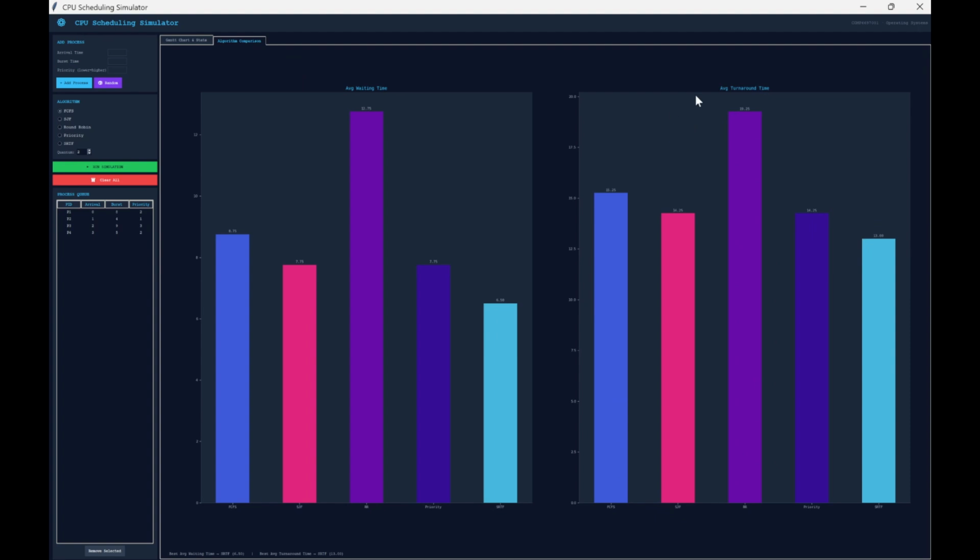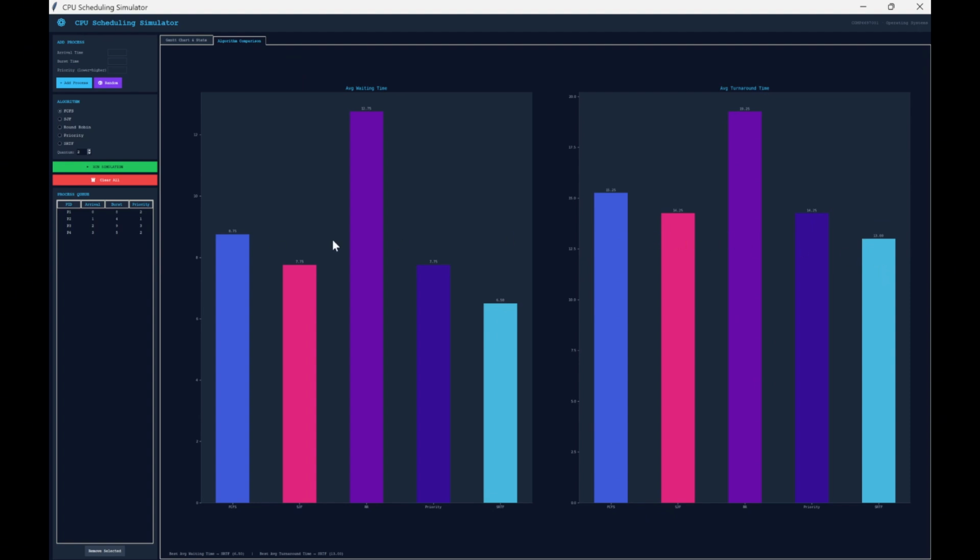Now we'll move over into the average turnaround time, the chart on the right. We'll begin with FCFS at 15.25, SJF at 14.25, round robin again the highest at 19.25, priority at 14.25, and SRTF at the lowest with 13.00.